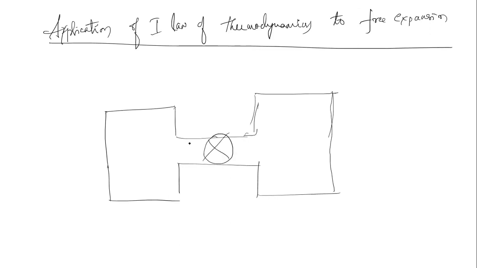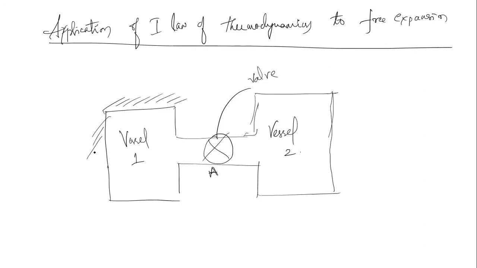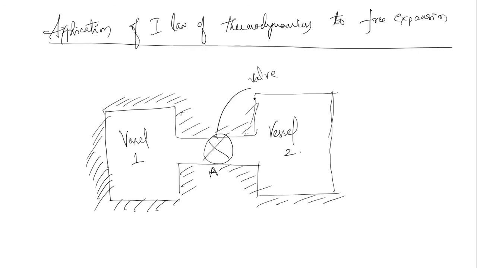There is a valve which separates vessel 1 and vessel 2. This is valve A, and the system is isolated. There is no transfer of energy between the system and the surrounding. This symbol indicates it is isolated.